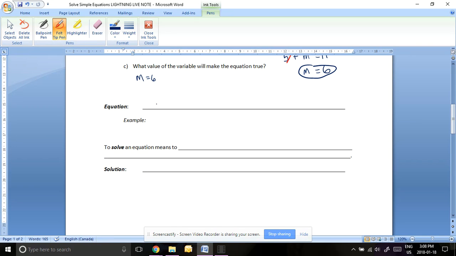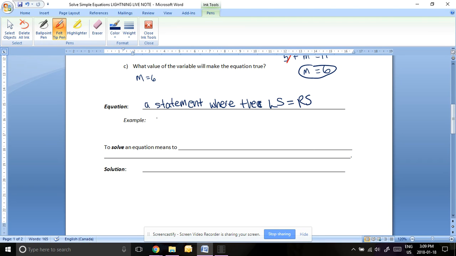So an equation is a statement where I would say the left side equals the right side.